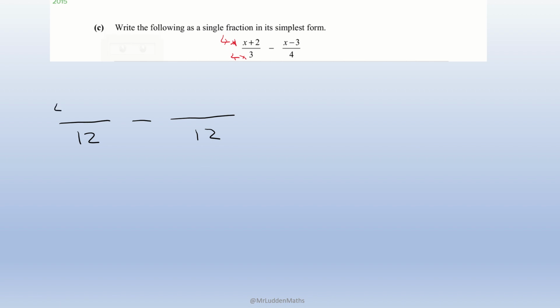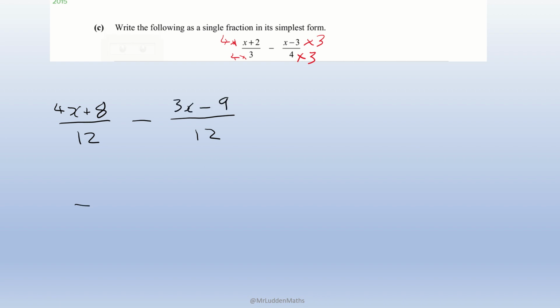So 4 times x is 4x. 4 times 2 is 8. On my other side, my 4 is going to be multiplied by 3 to get my 12 at the bottom, so I've got to do the same up on top. Up on top, I'm going to have 3 times x, which will give me 3x, and 3 times minus 3, which will give me minus 9.